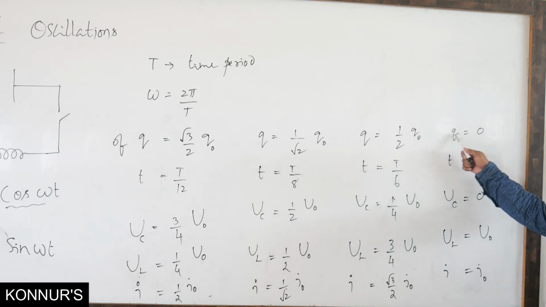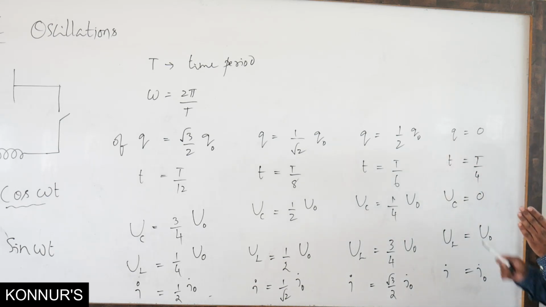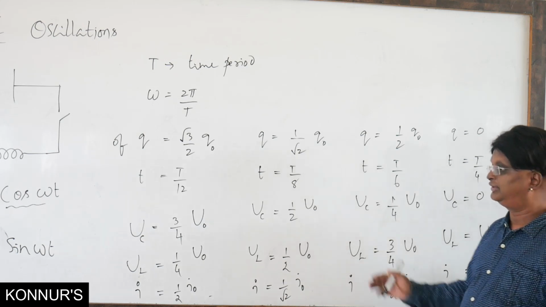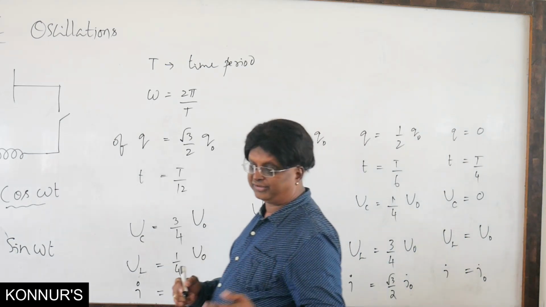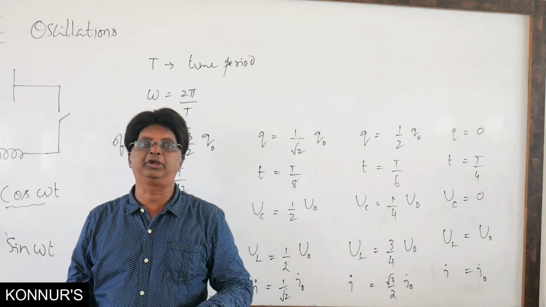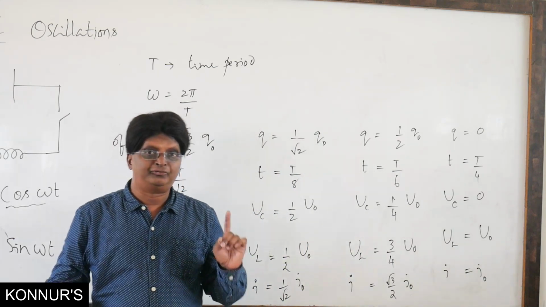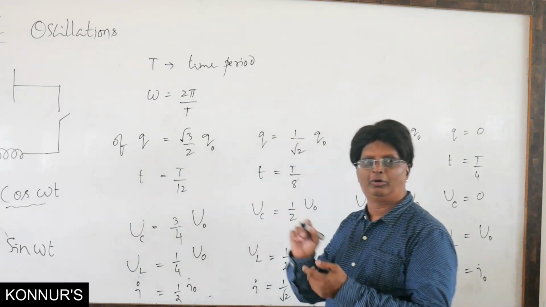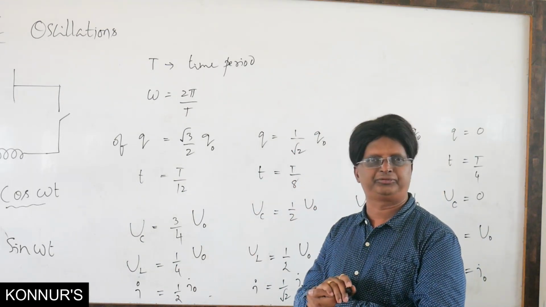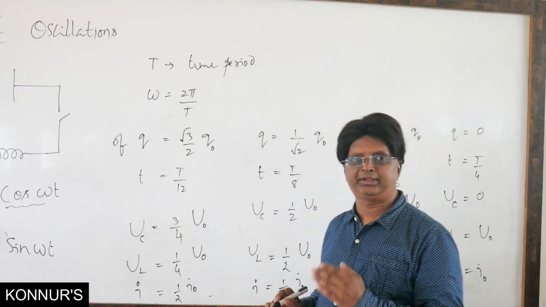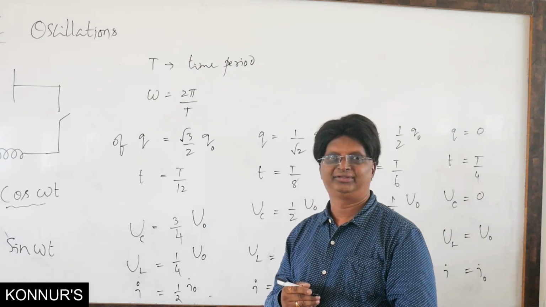Here you see, while the charging completely gets over, Q on the capacitor is 0 and the current through the inductor is maximum. So this is how you find the different possibilities of LC oscillations: the charges, the time intervals, energies, energy ratios, and so on. So LC oscillations are an important topic. Follow this and do it as a small tabular column work for about 5 to 10 minutes. You will easily get the answers in LC oscillations.